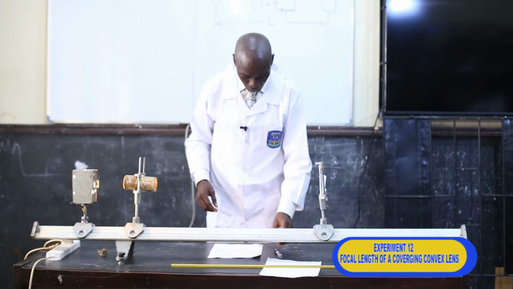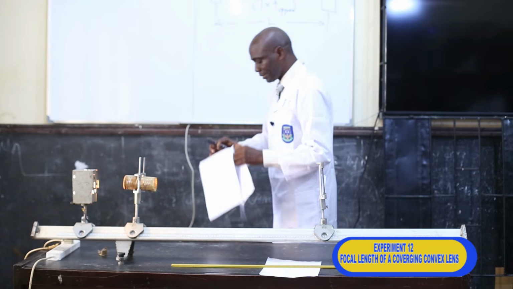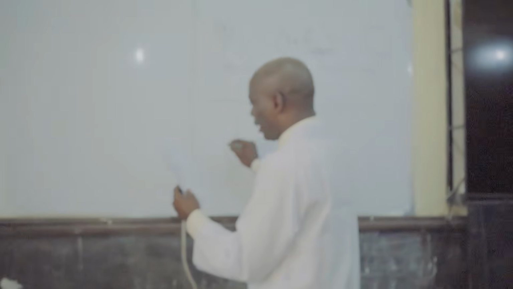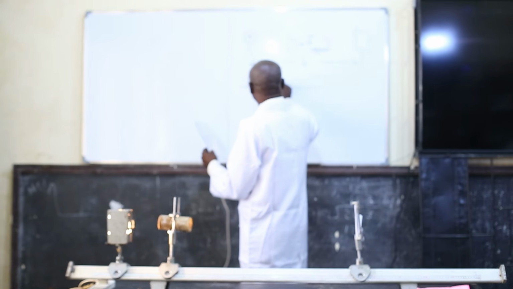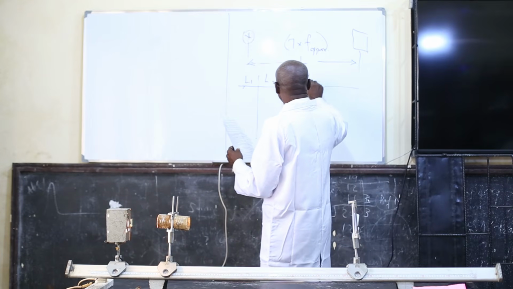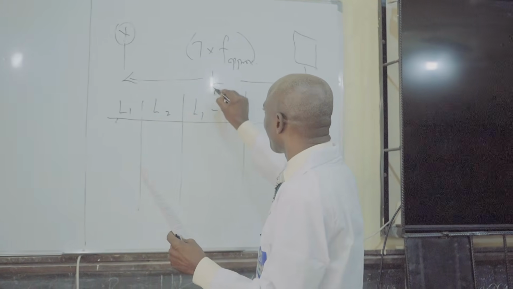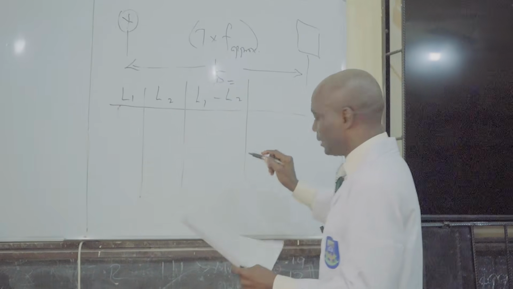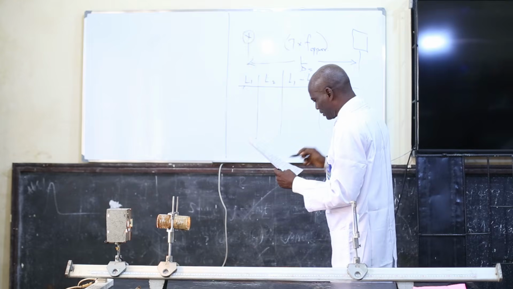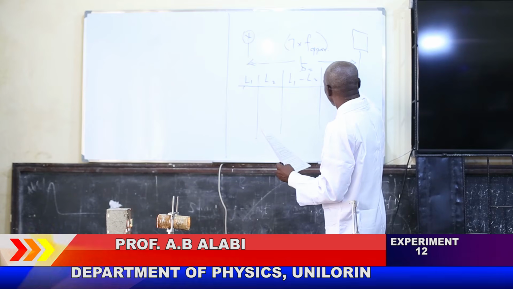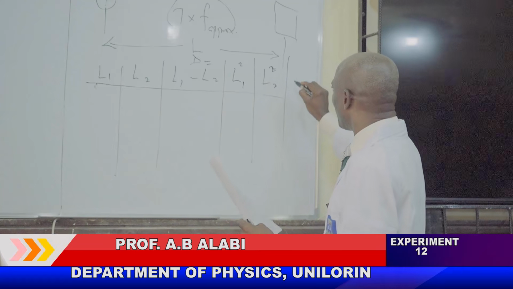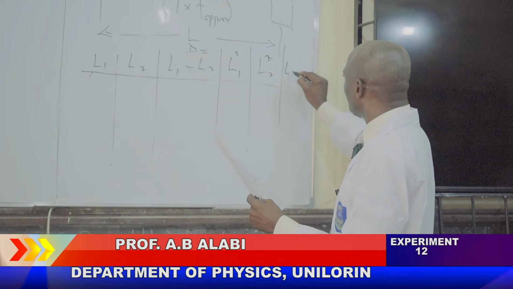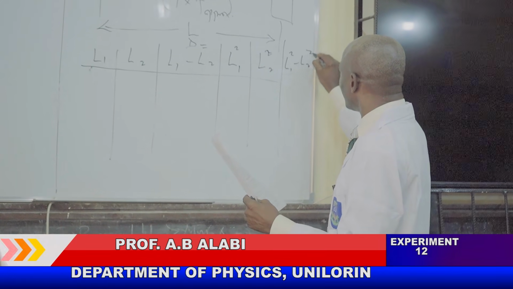That means you obtain a table where you have the set of L1, the set of L2, then L1 minus L2, which is your D. Then you obtain L1 squared, L2 squared, and L1 squared minus L2 squared.